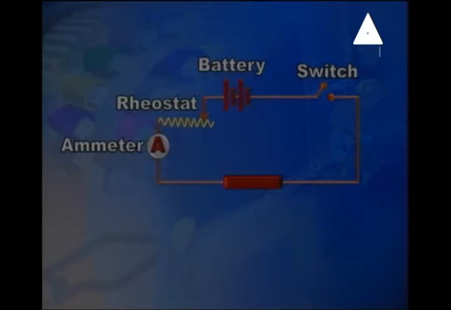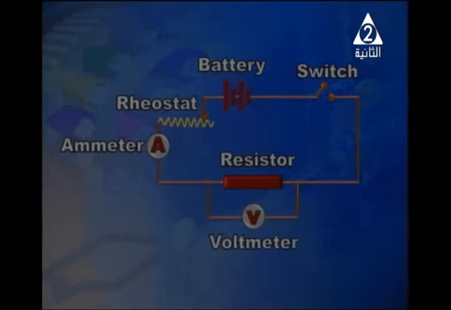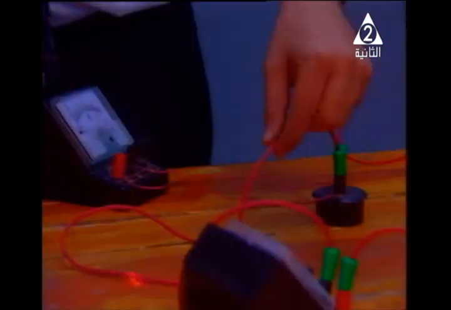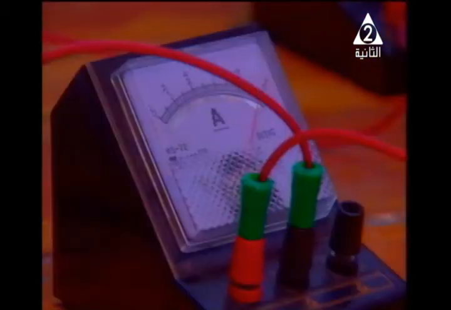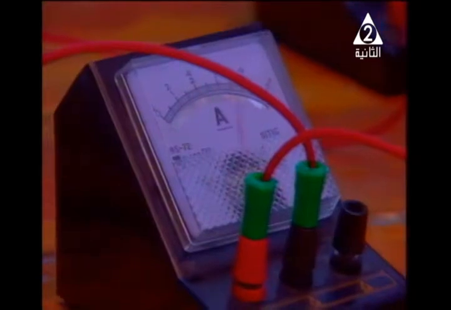They are all connected in series. And we've got a device connected in parallel to the resistor. It is the voltmeter, to measure the potential difference across the resistor. The device that measures the current intensity through the resistor is the ammeter.